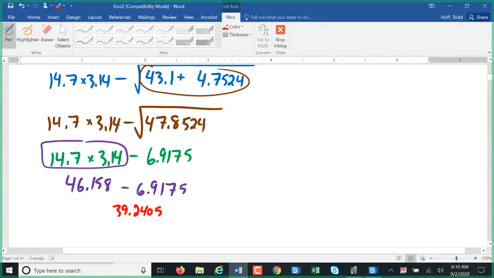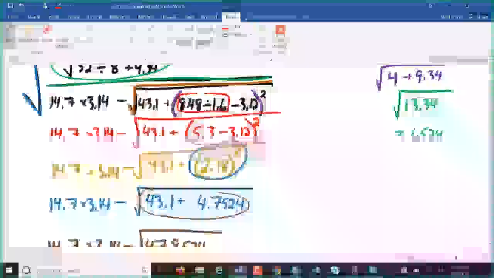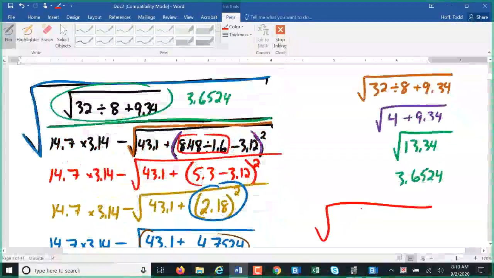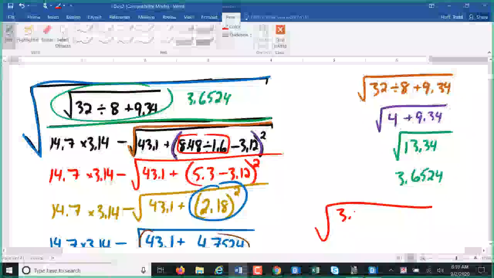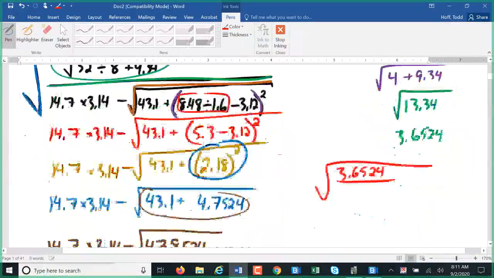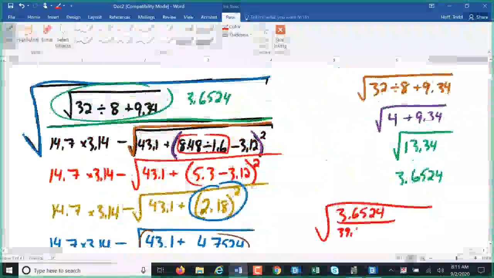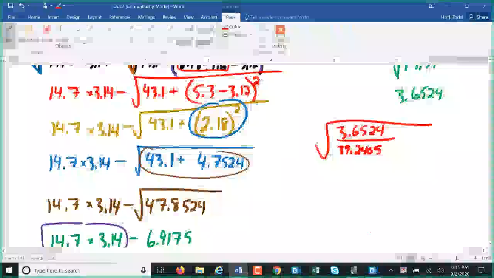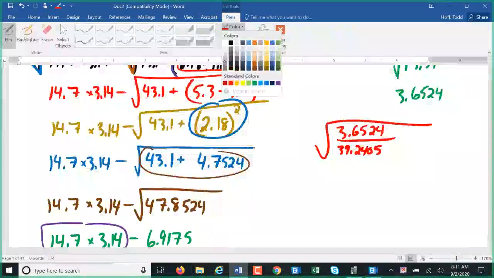So that's what the whole bottom equals. So what we have here now is the square root of 3.6524 on top over 39.2405. We're going to do that division.